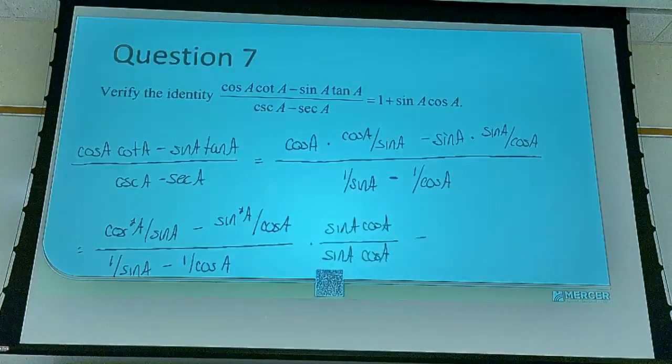So multiply numerator and denominator by that. What are we going to be left with? Cosine cubed minus sine cubed in the numerator. Right? Over cosine minus sine.